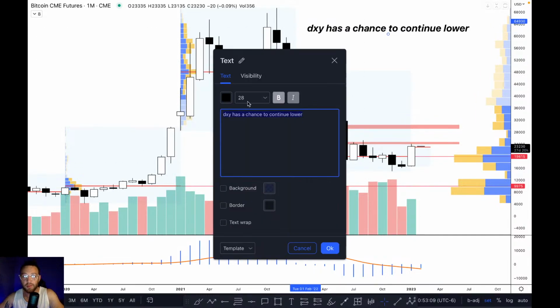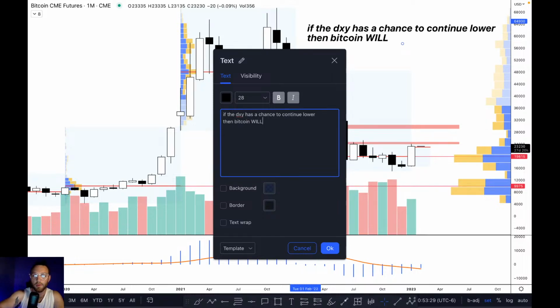So if the dollar, I want to put that at the front. Okay, I guess not. Let me just put this at the front. If the DXY has a chance to continue lower, then Bitcoin will go higher. That's how I look at it.